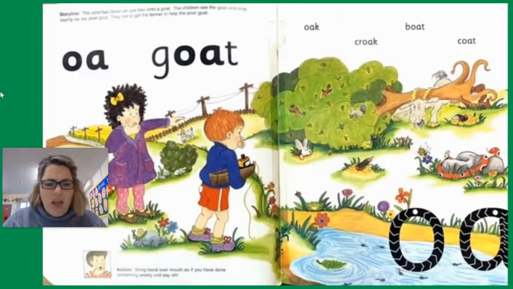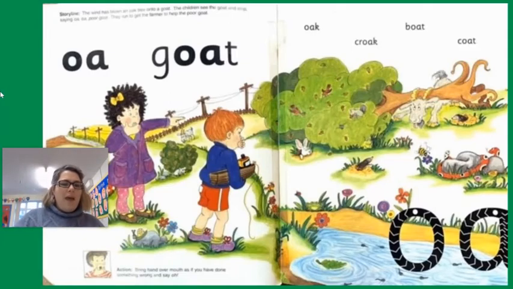Can you see anything else in there that might have an O sound? There actually was something else in the story. It's a type of tree, and it's the tree that's on top of the goat. It's an oak tree. Oak tree. Well done. Okay. Anything else you can see?